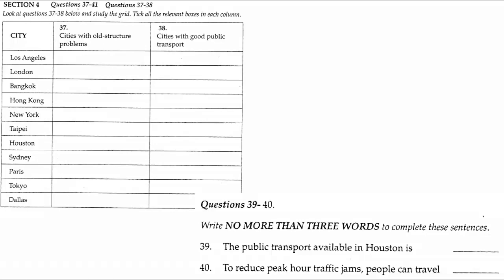Los Angeles suffers from chronic highway blockages, despite efforts to encourage people to use public transport. Cities with good road systems and no old structure problems can use other methods to reduce the number of vehicles travelling together at peak hour. Flexi time is one good method.